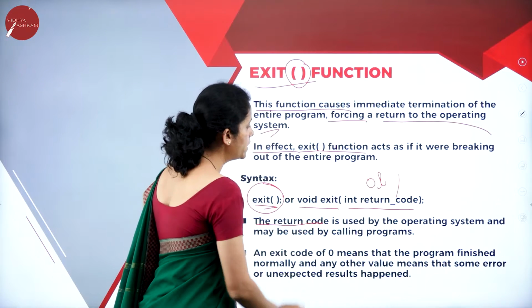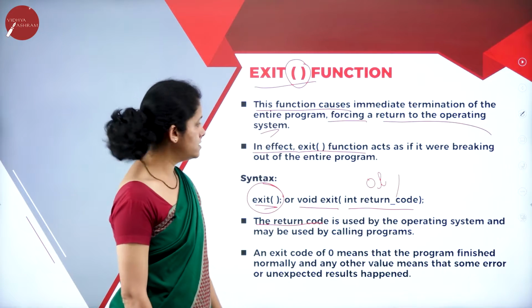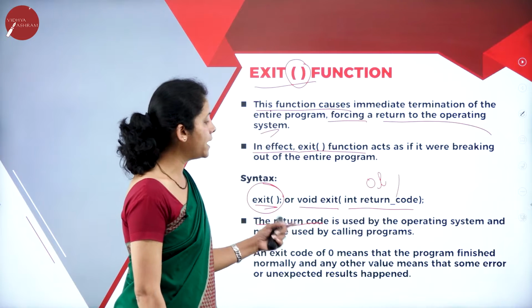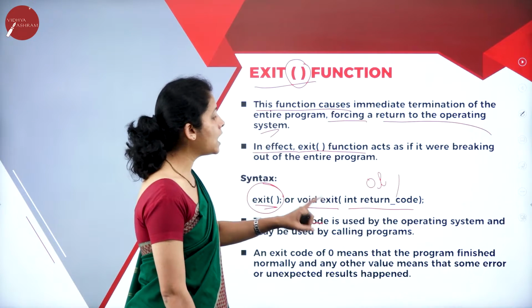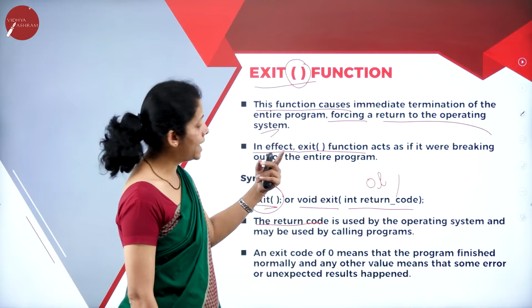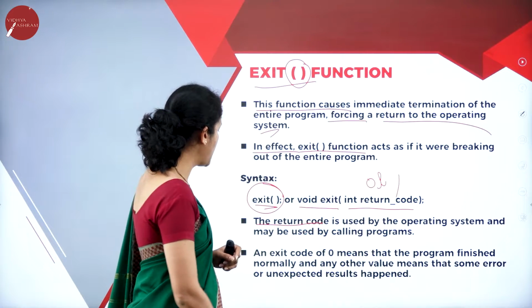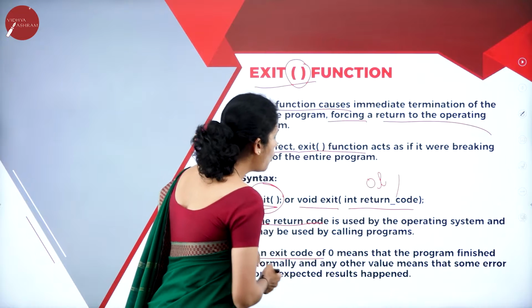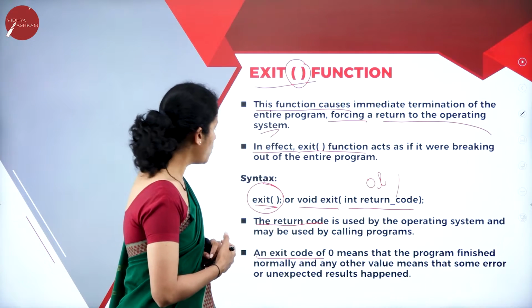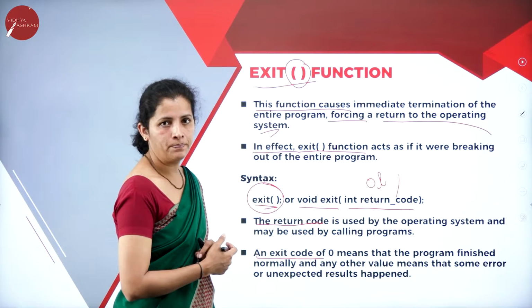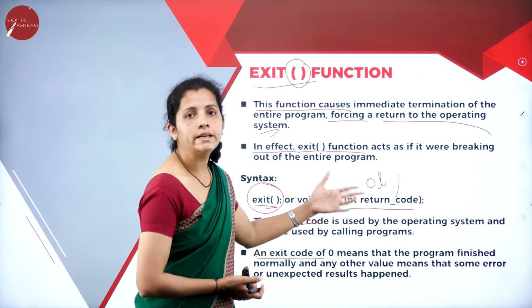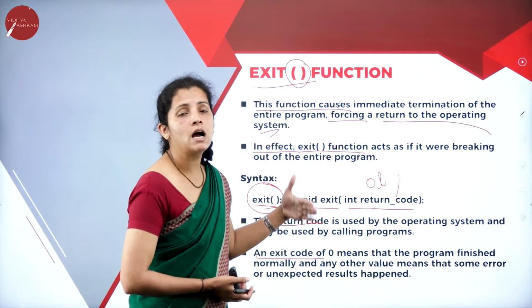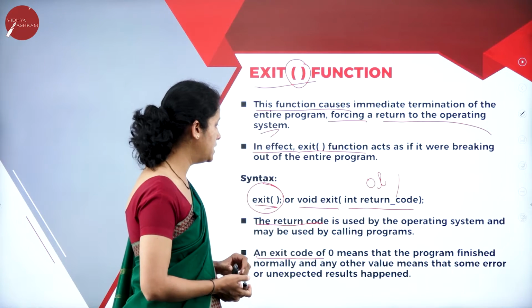The returned code is used by the operating system and may be used by the calling program. An exit code of 0 means the program finished normally. That means if the exit code is 0, the program completed normally.